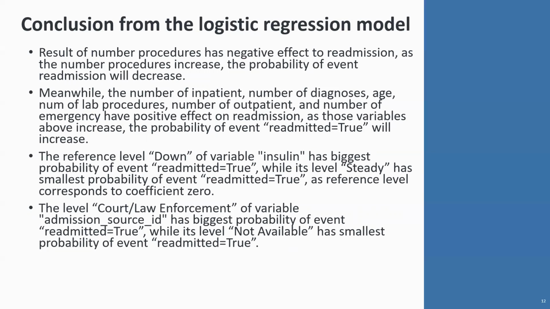The number of inpatient visits, number of diagnoses, age, number of lab procedures, number of outpatient visits, and number of emergency visits have a positive effect on readmission. As those variables increase, the probability of the event readmission equal true will increase.